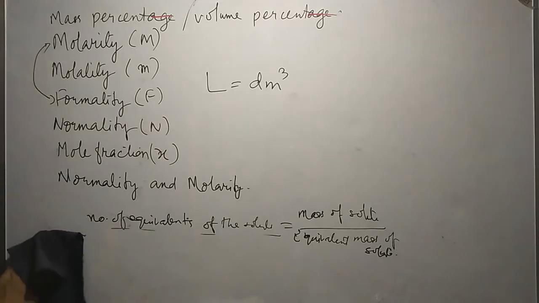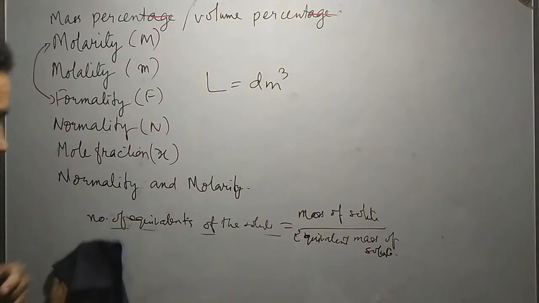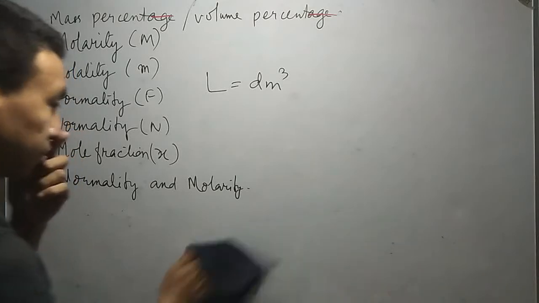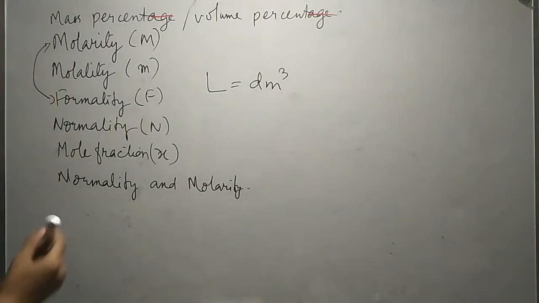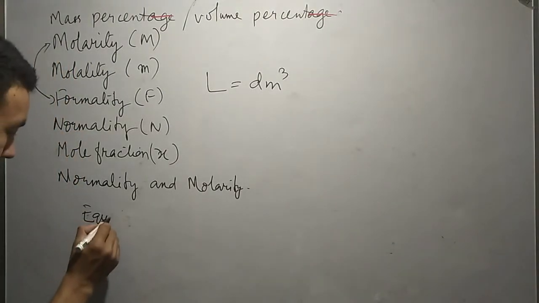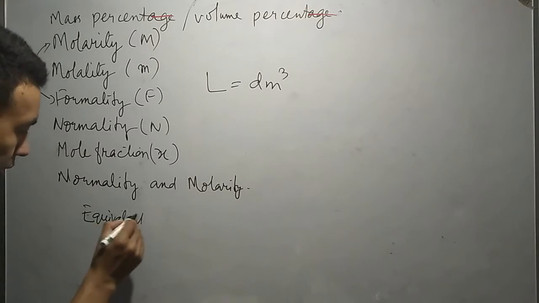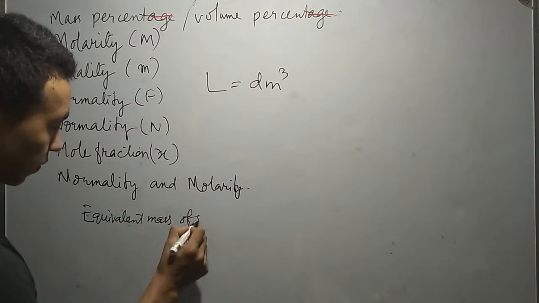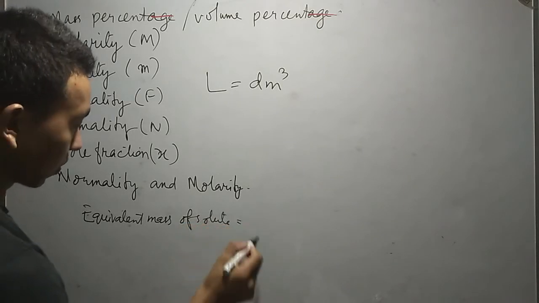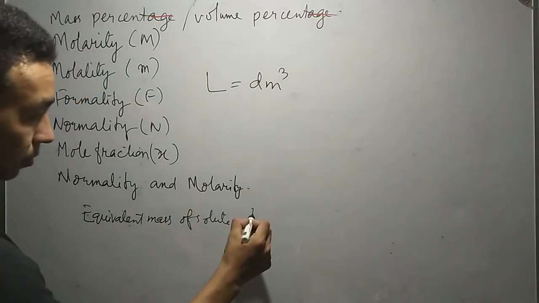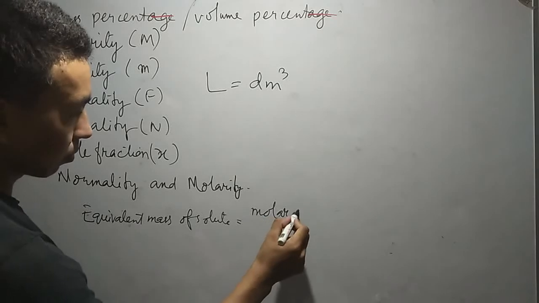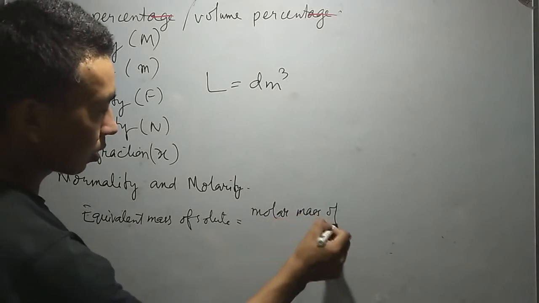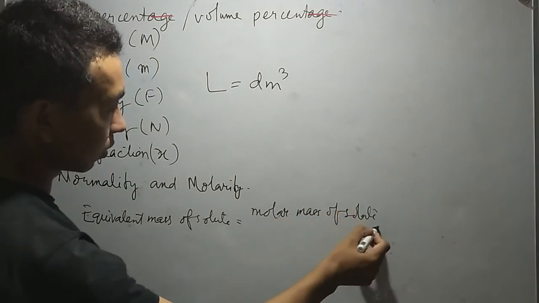The next one is the equivalent mass of solute. Equivalent mass of solute is equal to molar mass of solute divided by valency.